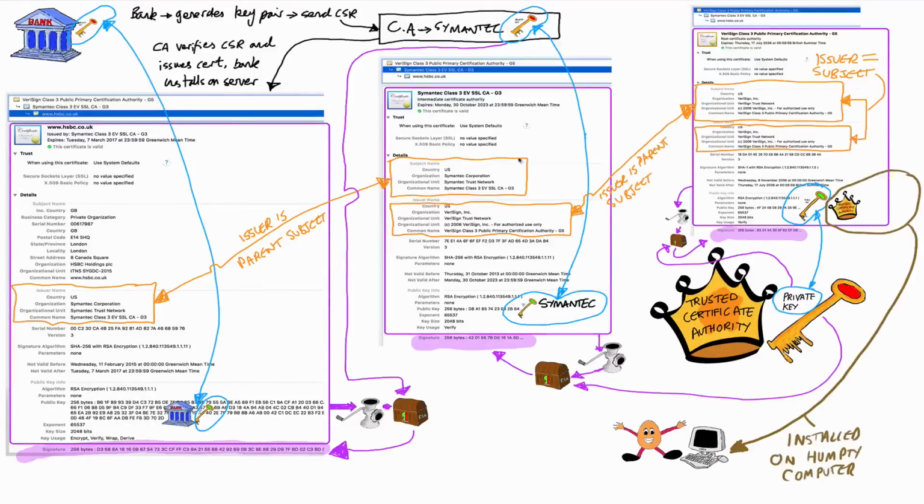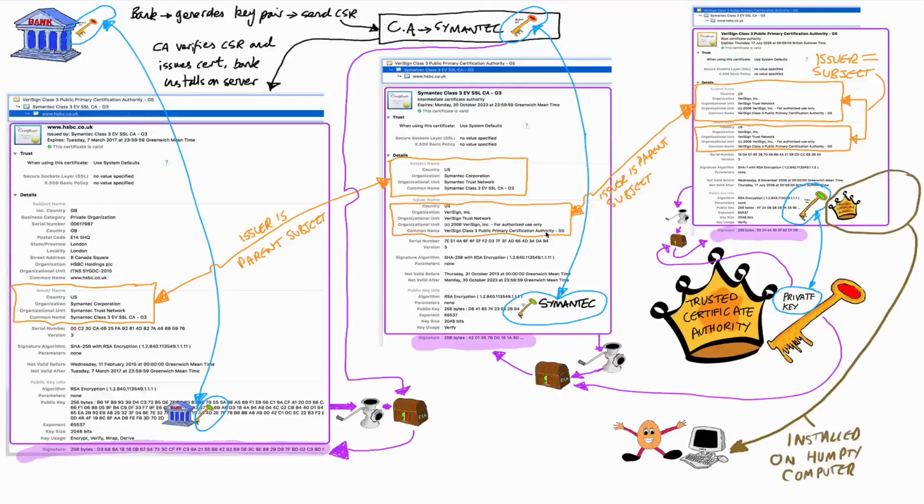So how does it validate this one? Well, it does exactly the same thing. It says, I'm now looking at this Symantec Class 3 certificate. How do I know if I can trust this? First of all, I'm going to look at the signature. And I'm going to say, who's it issued by? It's issued by common name VeriSign Class 3 Public Primary Certification Authority, G5.